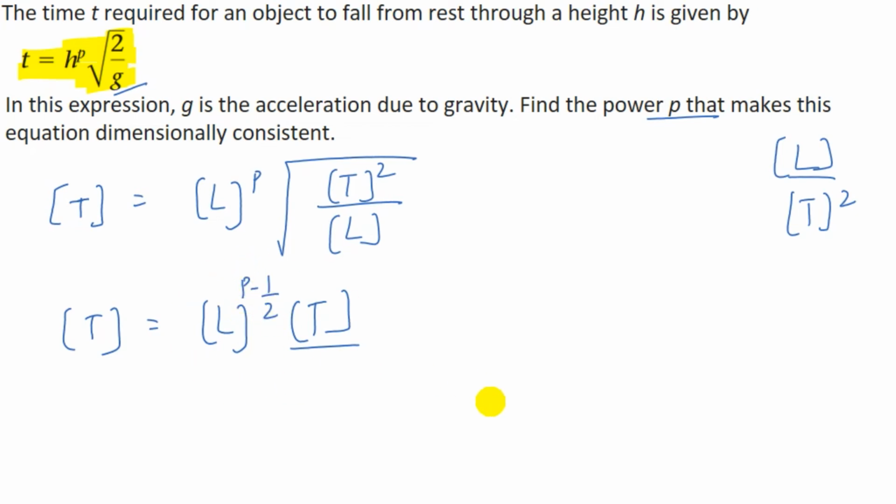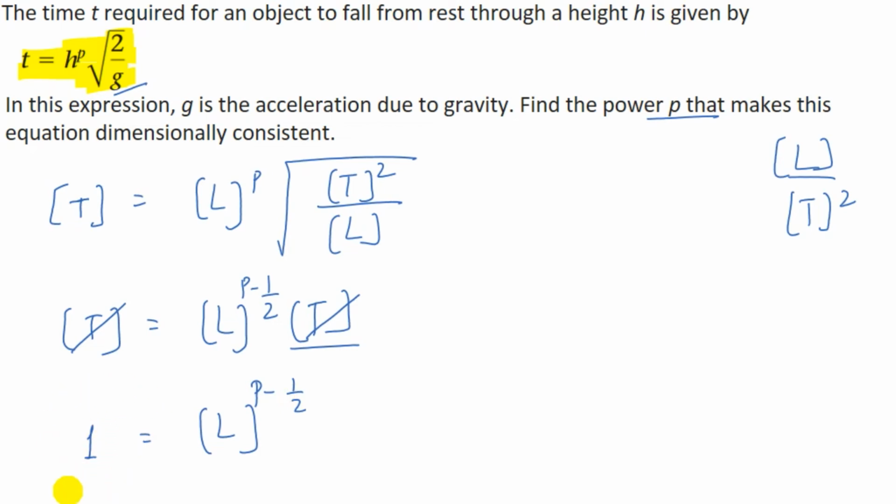Simple mathematics we have used here. So now this t and t will cancel out, this one and this one will cancel out, so it will be 1 is equal to L to the power p minus 1 over 2.